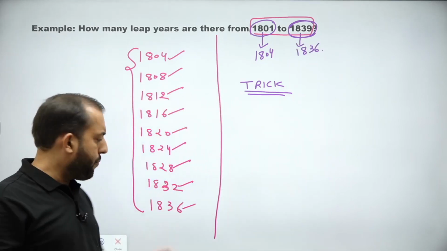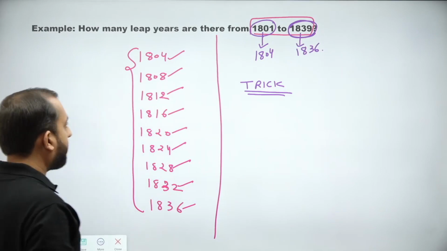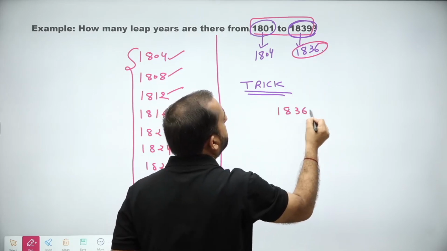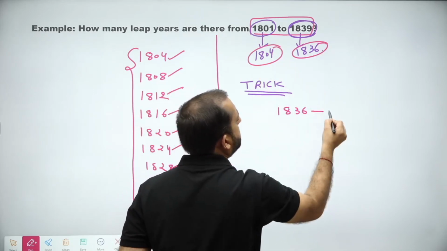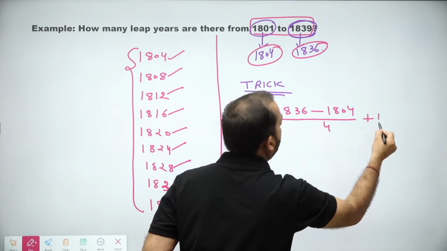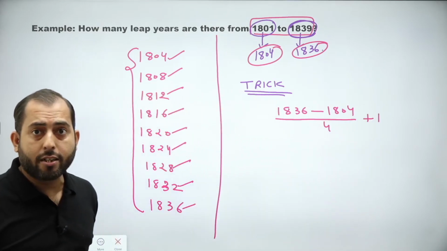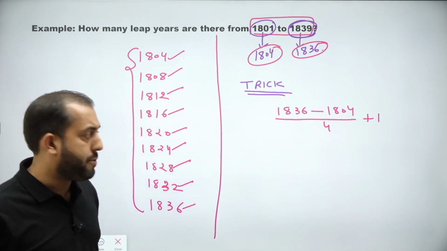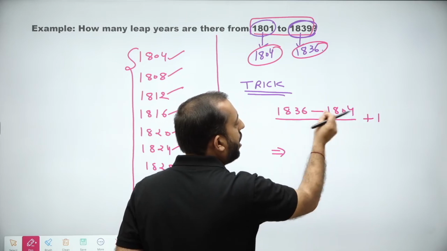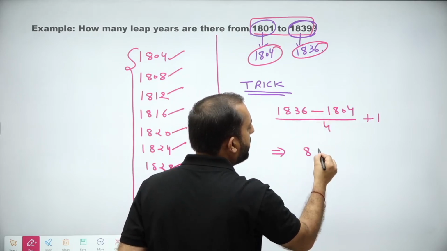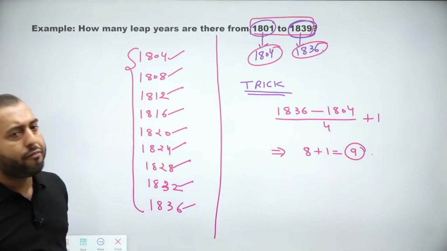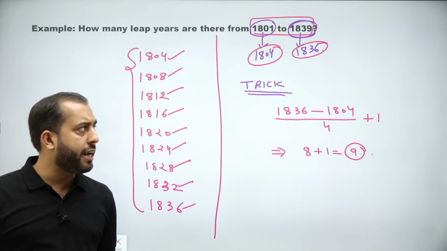Just write down these two. After it, pick the last value. Last minus first, divide by 4, plus 1 will give you the total number of leap years. Now if you solve this, 36 minus 4 is 32, by 4 is 8, plus 1 is 9. So in this way, you can find out the number of leap years by using this trick. Kindly note it down.